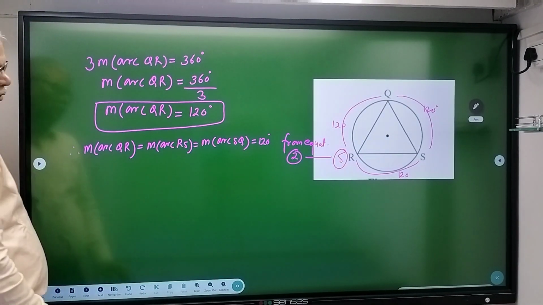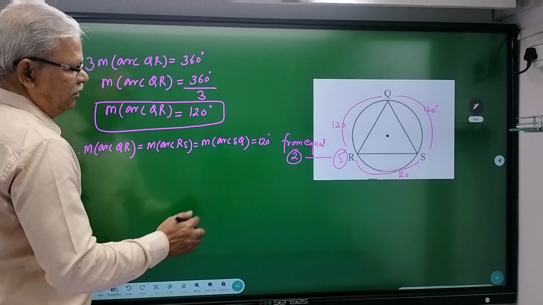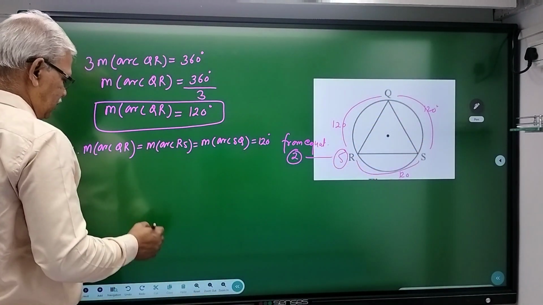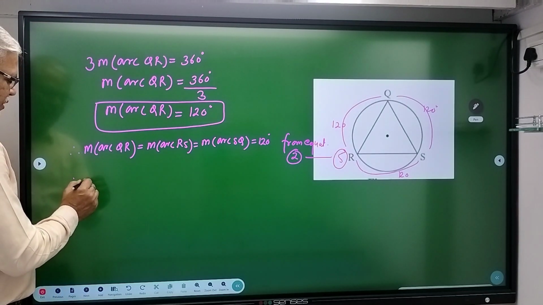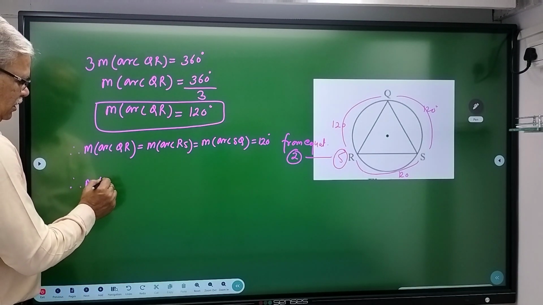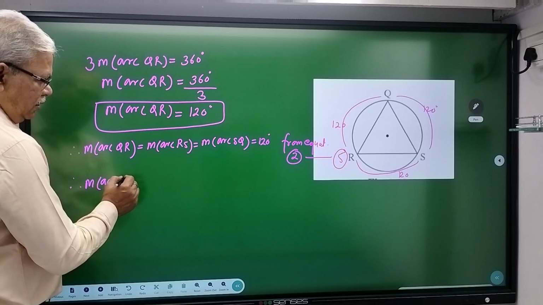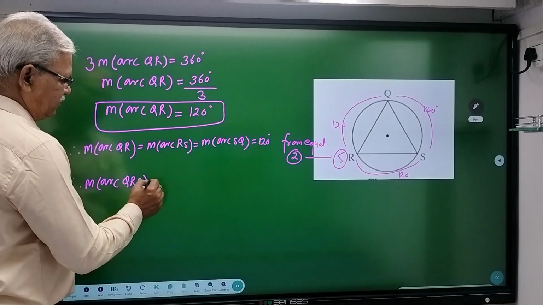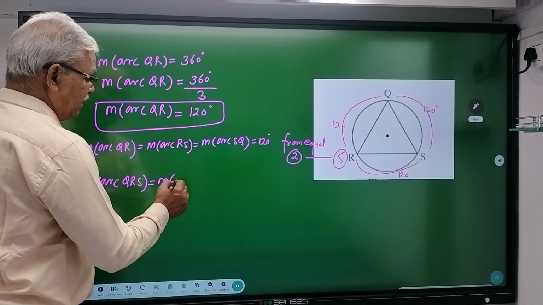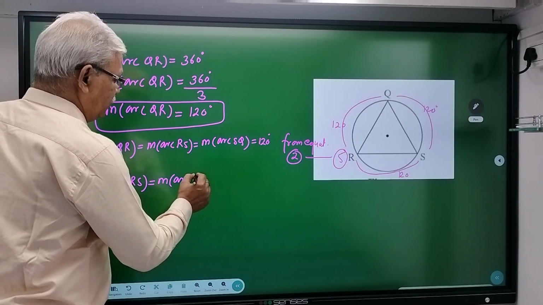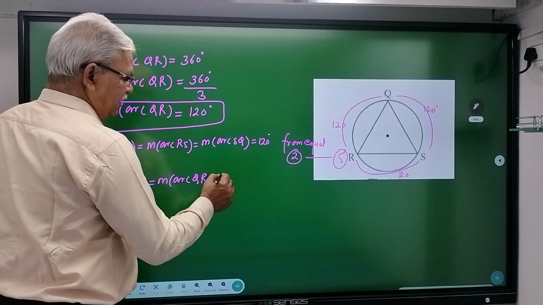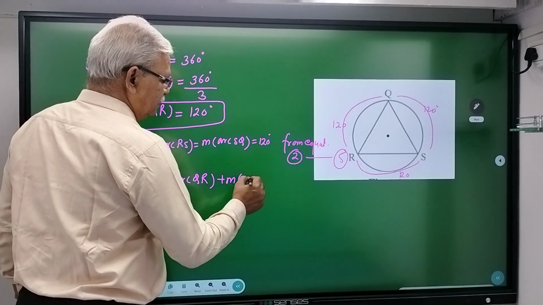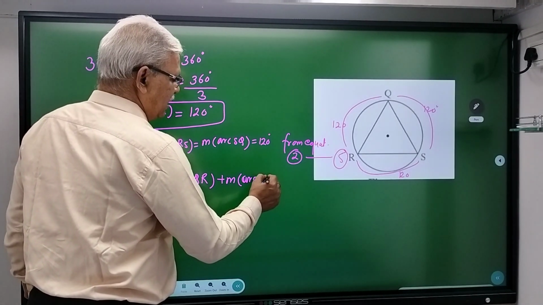Okay? Now from this we will find out the measure of arc QRS. Here, therefore, measure of arc QRS is equal to measure of arc QR plus measure of arc RS.